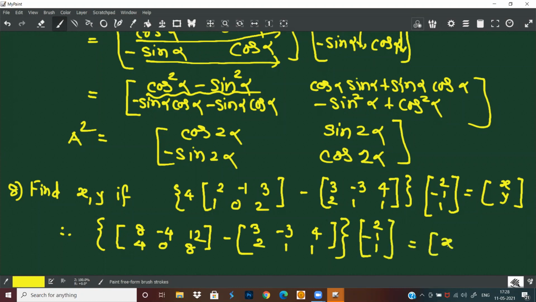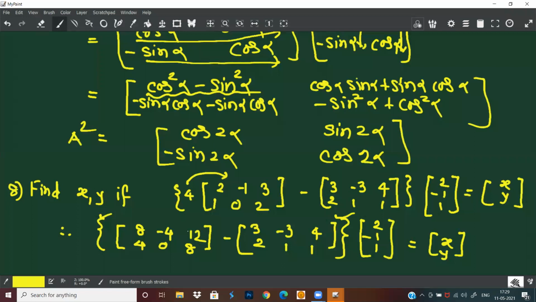X and Y. समझा? I just did scalar multiplication. I multiplied by 4 inside the first matrix. This bracket is very important. ये bracket क्योंकि नहीं तो somebody will multiply this and this first.